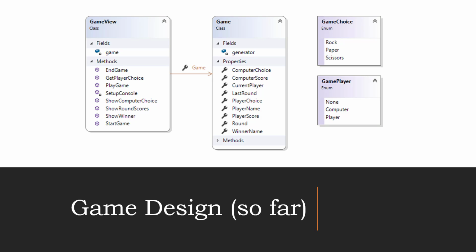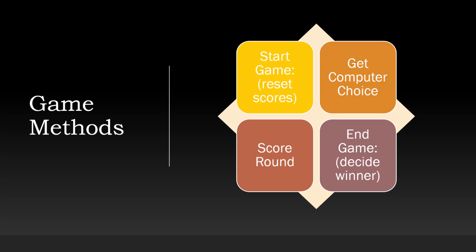So our game design can be summarized like this. We've got a game view, or a game user interface, and a game model. And we've got two enumerations. So typically for games, you have a start and an end. The game starts somewhere and ends somewhere.